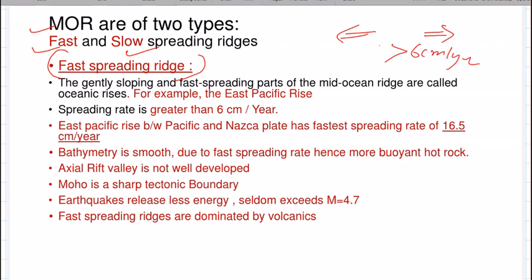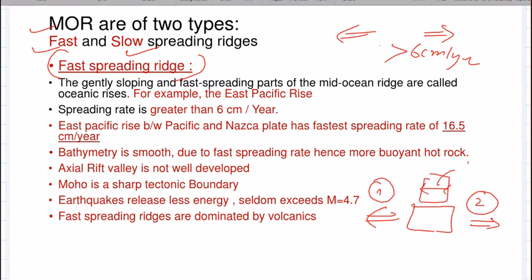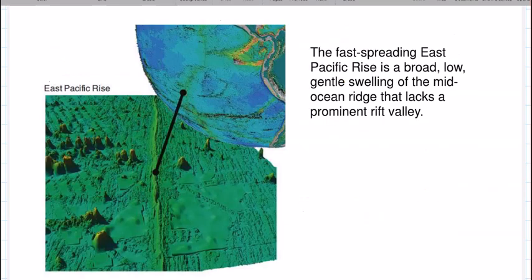So if the plates are moving more than 6 centimeters per year, like this is plate number 1, this is plate number 2, they are spreading apart, and the new space created has a width of 6 centimeters or more per year, then the spreading rate is said to be high. So East Pacific Rise is basically a type of mid-oceanic ridge, but it's a fast mid-oceanic ridge.